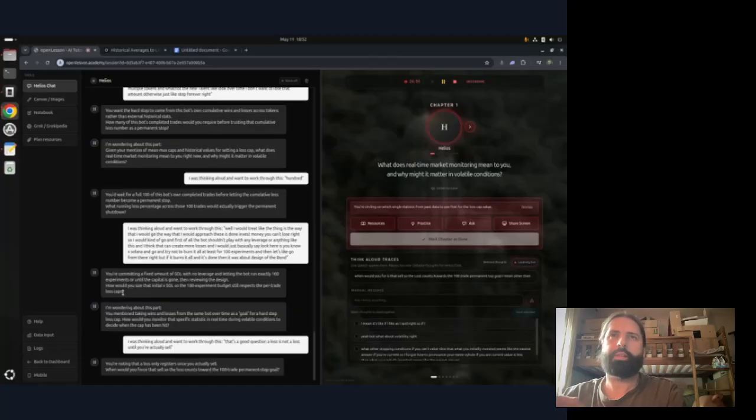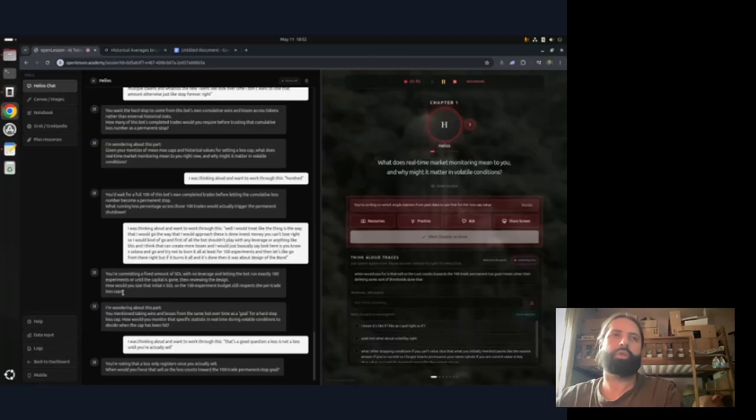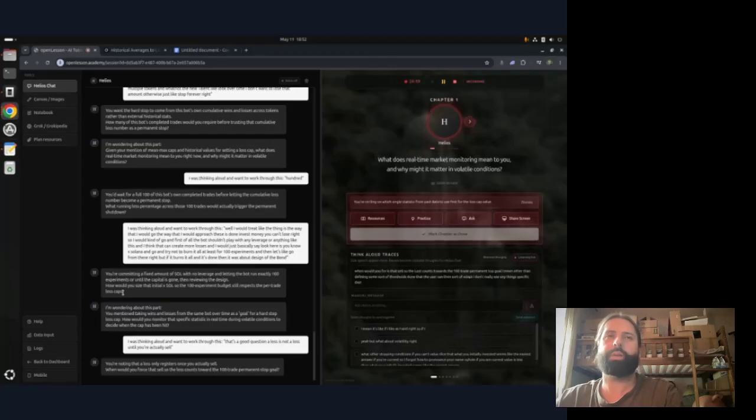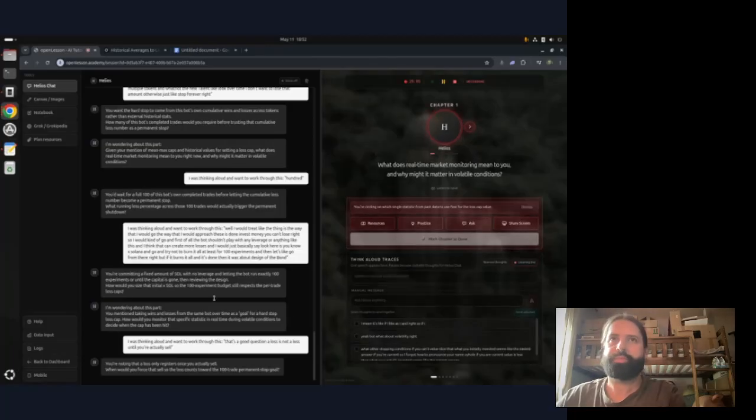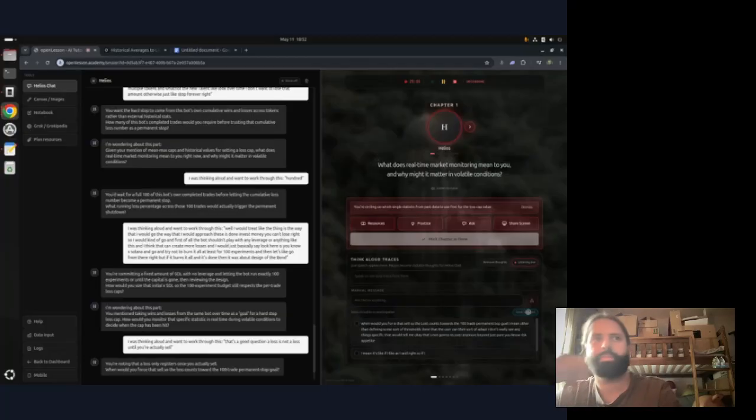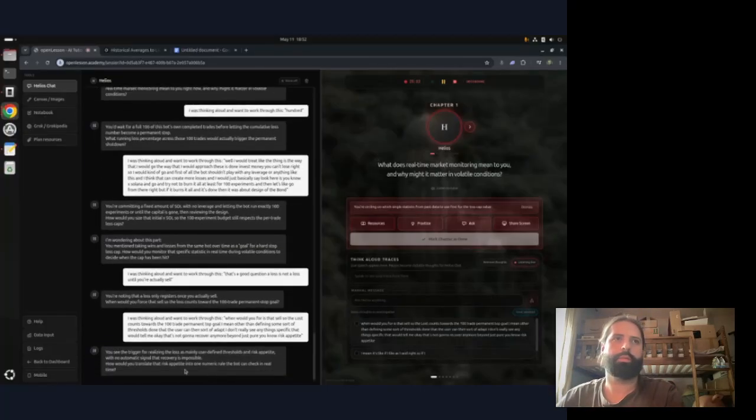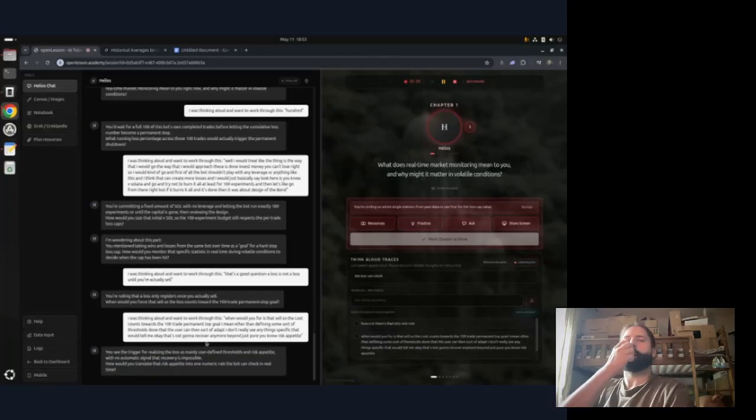I mean, other than defining some sort of thresholds that the user can then adapt, I don't really see anything specific that would tell me, okay, that's not going to recover anymore, beyond just pure risk appetite. How do you put that into one numeric rule the bot can check in real time?